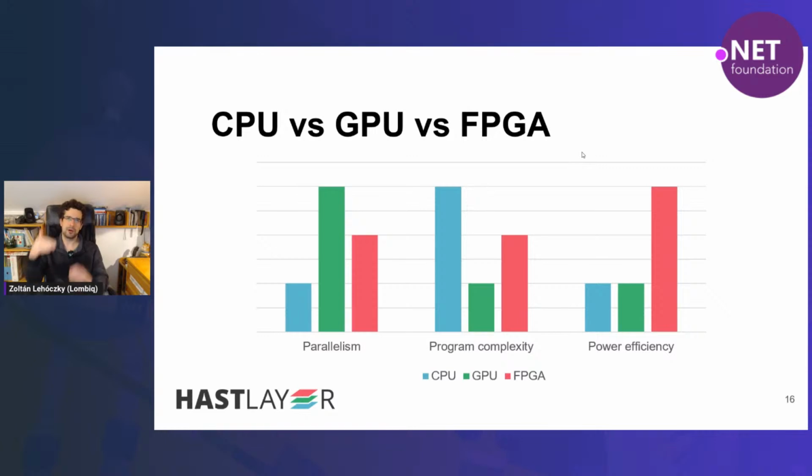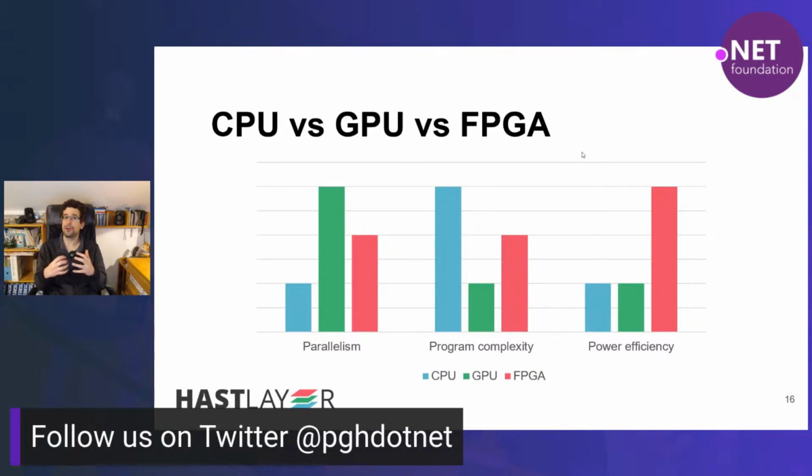And FPGAs are kind of in between here, although you can't really have cores on an FPGA, so to say, although that's not true for every FPGA, but still the level of parallelism you can get from an FPGA is roughly in the order of hundreds, highly depending on your algorithm and on the FPGA, of course.